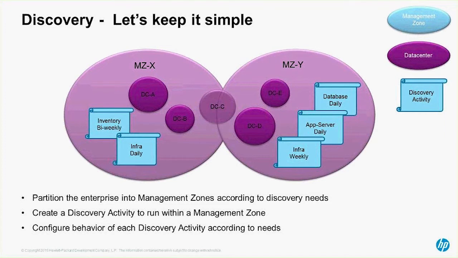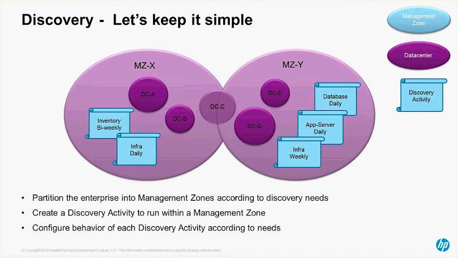So it enables you to partition your enterprise into management zones according to your discovery needs, and then creating the discovery activities to run within the management zone locally. And then you have the capability to configure the behavior of each of these discovery activities based on what you are discovering in those data centers and what are the targets that are going to be in those different data centers.